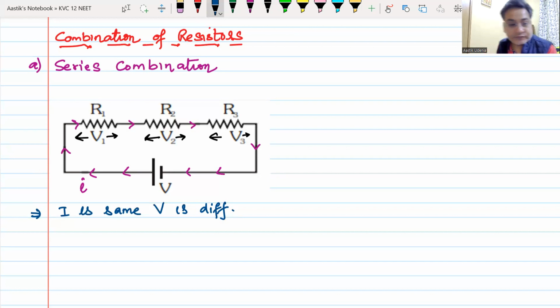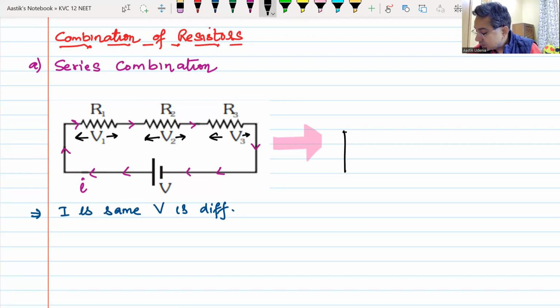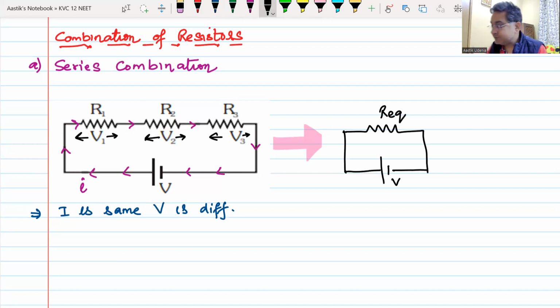Yes, sir. Now what I can do is replace these three resistors and put just one resistor, known as the equivalent resistance, R equivalent. And in this R equivalent, the same current will flow.